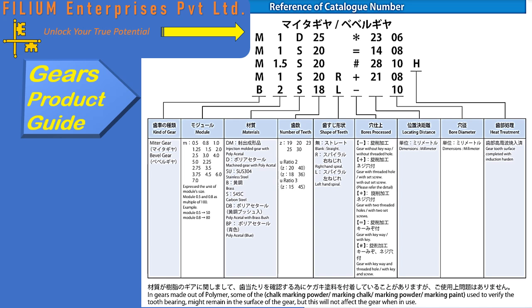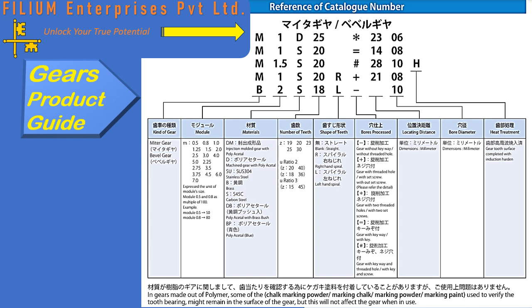Okay, so next are the bore processes, or the connectors, which we call them. You've got a dash, which signifies without a keyway and without a threaded hole, and a plus sign, where you get gears with threaded holes with set screws or without set screws. Then you have a star option, which is a gear with two threaded holes with two set screws, and then you have the equal sign that shows the gear with keyway.